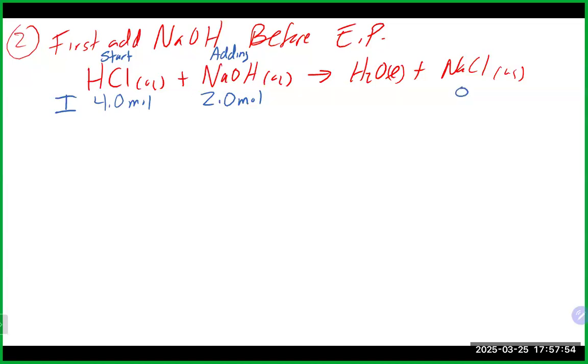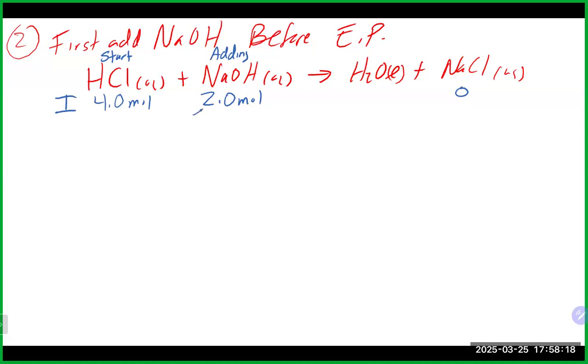Now, when we do an ice table, very much like what we do when we are doing buffers and we do it in moles, we actually do know what the change is going to be. So usually if you're doing an ice table with moles, you kind of know what the number is. You don't really use X's like we did, obviously, with buffers. It is going to be our sodium hydroxide.